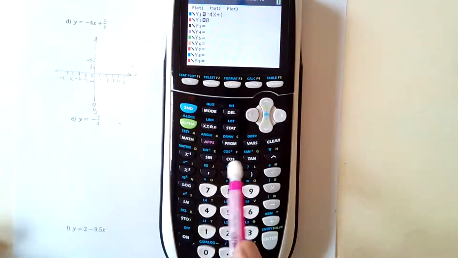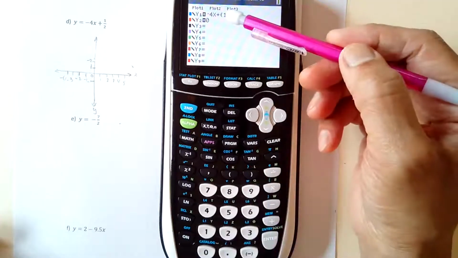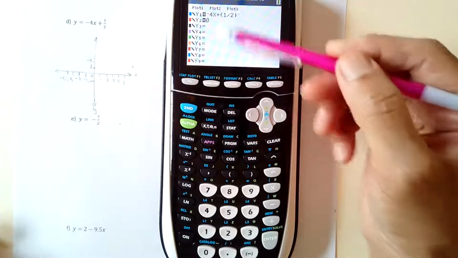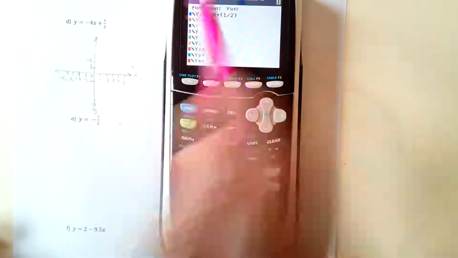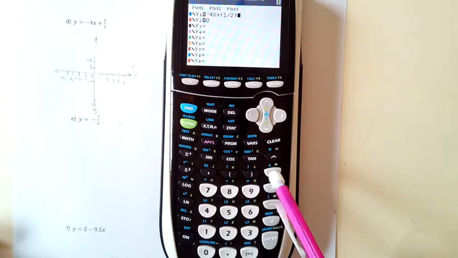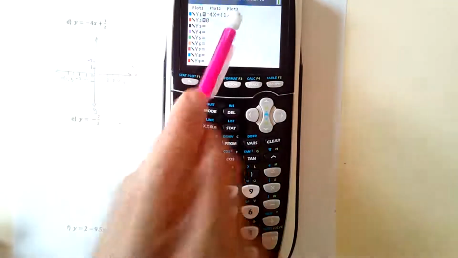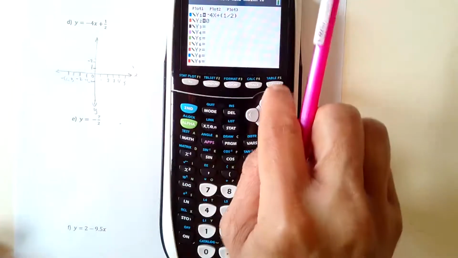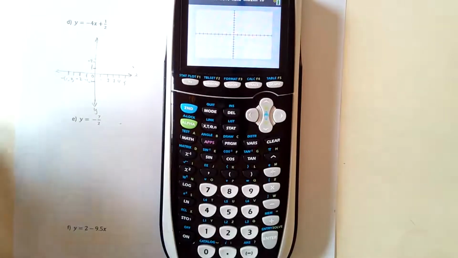So open bracket, 1 divided by 2. That's how you enter a fraction: put a bracket, the numerator first, then the division sign, then the denominator, close bracket. And that will give us our graph.